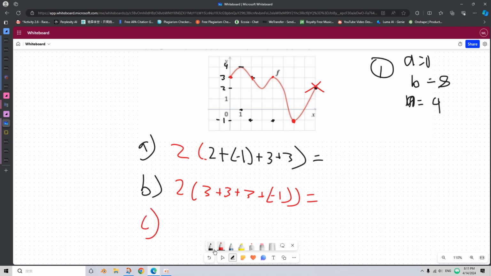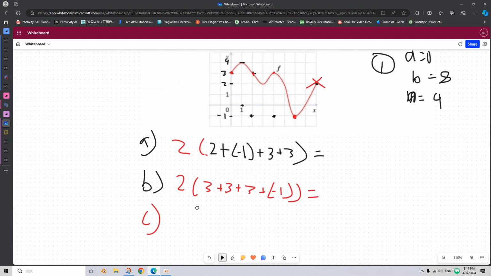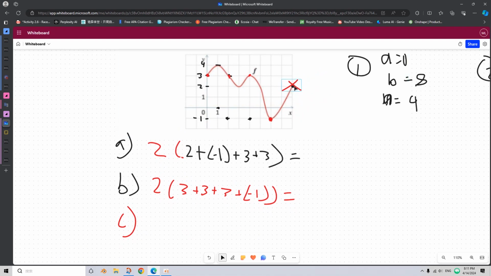C, let me check, is the midpoint. So we do our erasing. Wait, let me grab my eraser. Erase this. We know that it's counting by 2: here, here, here, here. We count by 1 this time. We start from here. We jump like this. So we usually start here, here, here, here, and here.